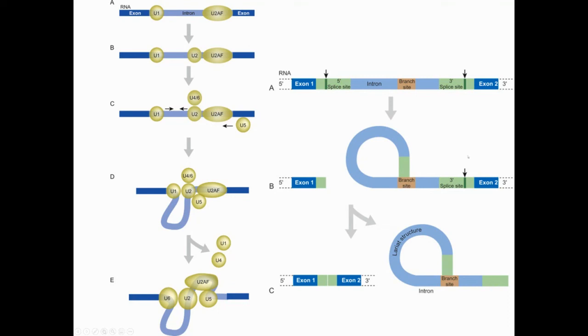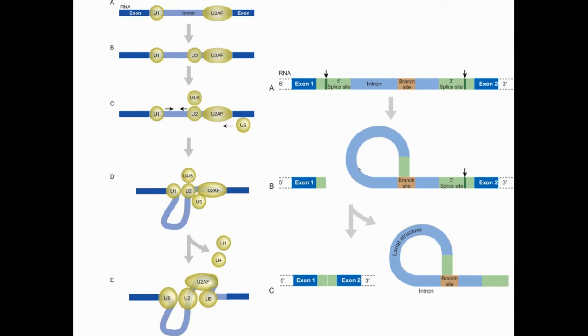Then we cut at the 3' splice site, so you free this 3' end and you can remove this part. Then they rejoin this part to this part here. That's the splicing, and the majority of messenger RNA uses this method.